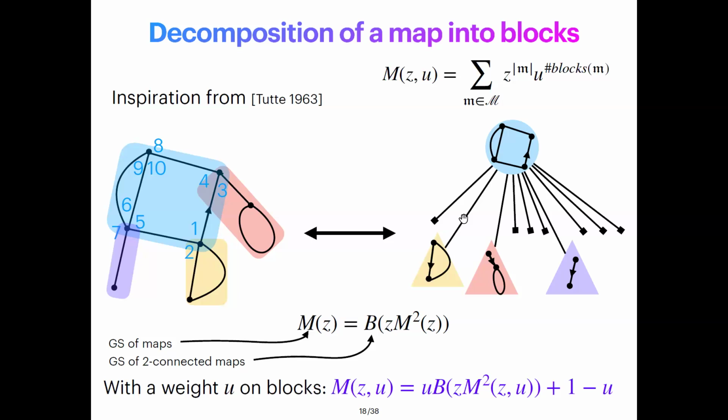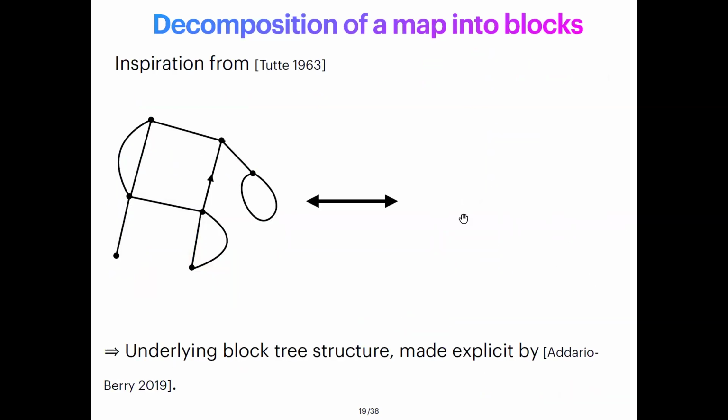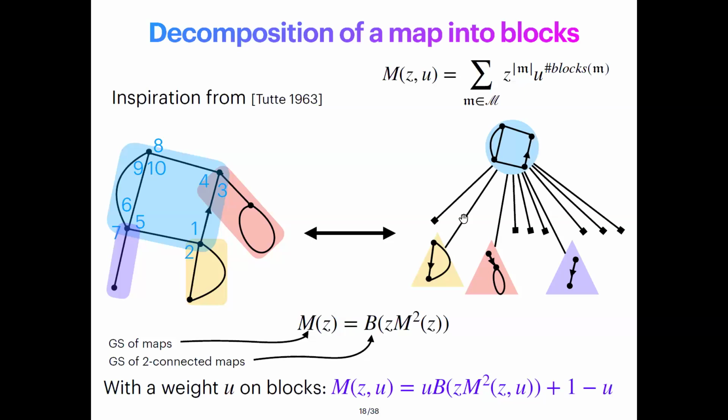And this gives the following equation for the generating series. This term 1 minus u is simply because we want the vertex map, which is technically 2-connected, not to be counted as a block. And this is all the more interesting in that we get an underlying tree structure, because we can do exactly the same with all those triangle maps here.